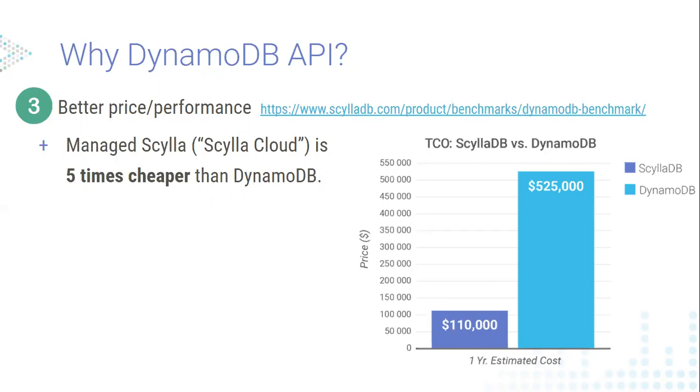You can see here the link for all the details of the benchmark, but we showed that Scylla is five times cheaper than DynamoDB. Actually, this was the smallest difference we saw. We had other cases where it was an even bigger difference between the prices. So having a DynamoDB API on Scylla can also save users a lot of money.